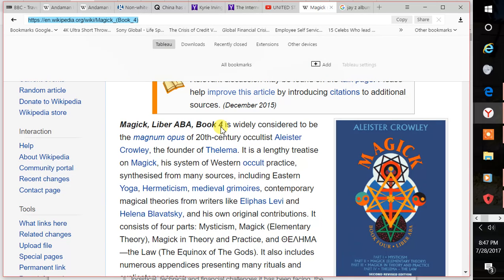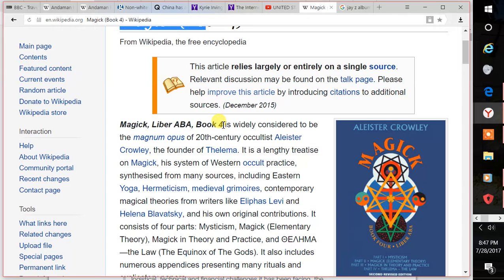So his album called 4.44 is actually paying homage to Aleister Crowley's book, which was called Magic Liber ABA Book 4, right? And in Freemasonic things, when you're paying homage to someone, it has to be in threes. So that's why that album is called 4.44, meaning 4 three times. He's paying homage to Aleister Crowley. That means he's practicing magic, and probably he's at the level which he feels that he can be a stalwart in that particular line.